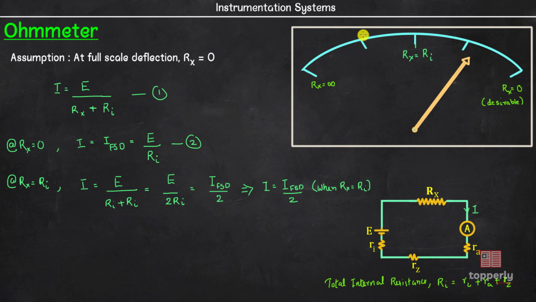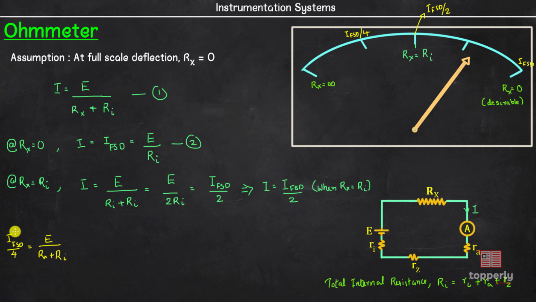Now let's see this 1/4 point of the scale. Since the PMMC meter has a linear scale, this point corresponds to I full scale deflection by 4. Similarly, this point corresponds to I full scale deflection by 2. And this is IFSD. So here we have IFSD by 4. Therefore, IFSD by 4 equals E by Rx plus Ri, and using equation number 2 we have IFSD equal to E by Ri.